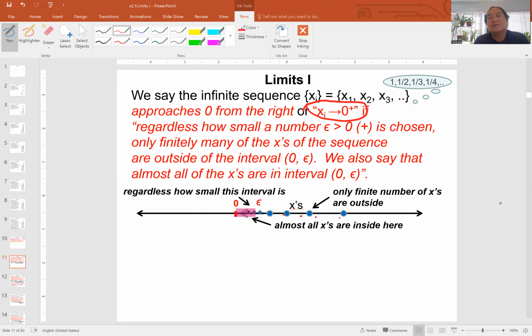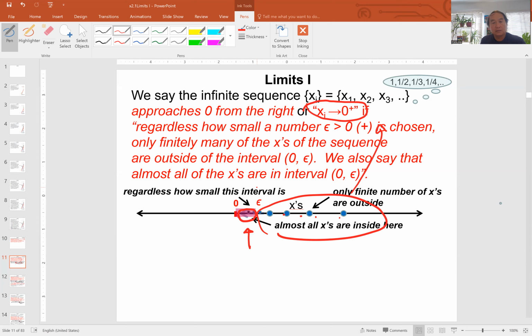But in general, how do we define that a sequence goes to 0? The definition is this: regardless of how small a neighborhood you take on the right-hand side of 0, a little interval to the right of 0, it doesn't matter how small the interval is, only finitely many of the x's you have in mind are outside the interval.